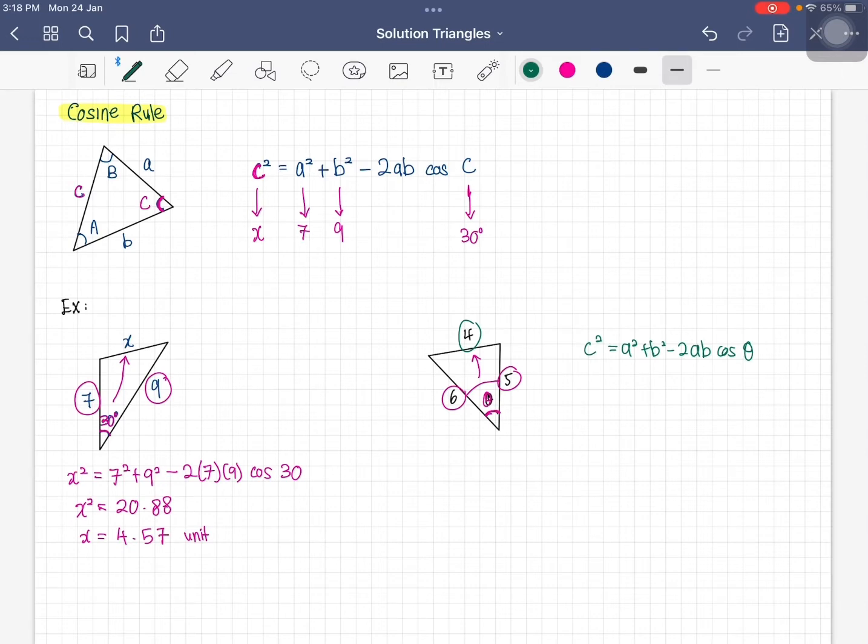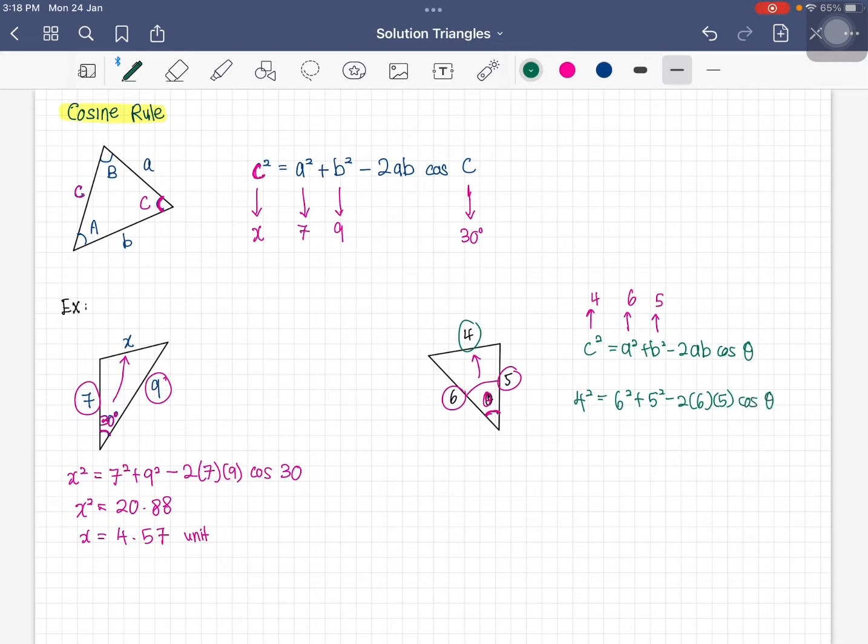You want to find theta, where c is 4, a is 6 and b is 5. Substituting, we get 4 squared equals 6 squared plus 5 squared minus 2 times 6 times 5 cos theta.